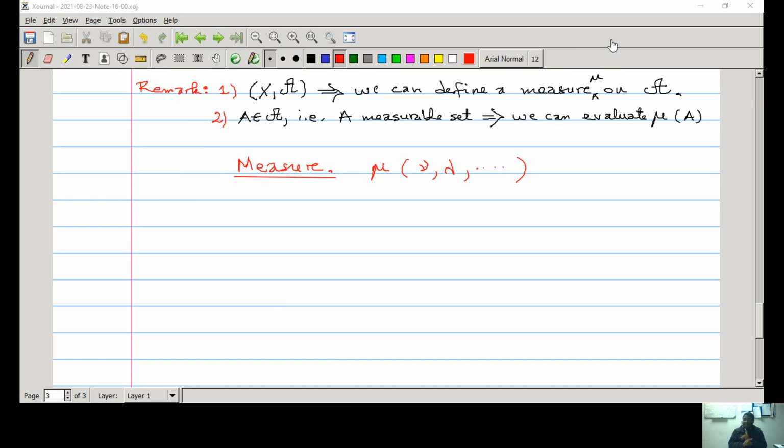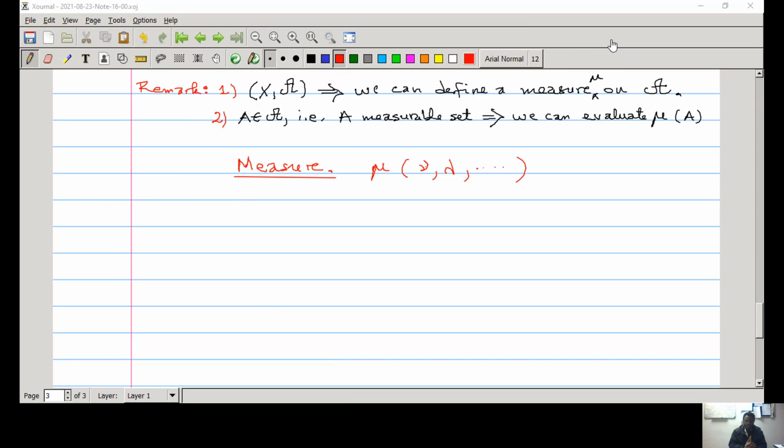The measure of the empty set is 0, right? If the set is empty, the result is 0. The probability function that you have been using is a measure, a particular measure. So we know that the probability of the empty set is 0, because the impossible event's probability is 0. The chance for that event to occur is 0, right?